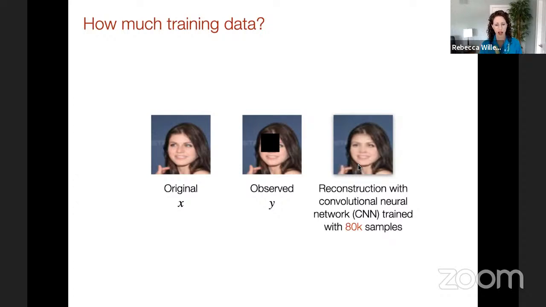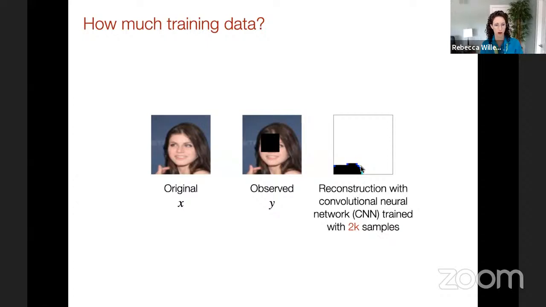But if I were to crank down the number of training samples, say to 2,000, then all of a sudden the method performs quite poorly. And in fact, these methods generally require large numbers of training samples in order to perform well. And in applications like medical imaging, for instance, we don't always have such huge numbers of training samples, and we want to get as much as we can out of the training samples that are available.